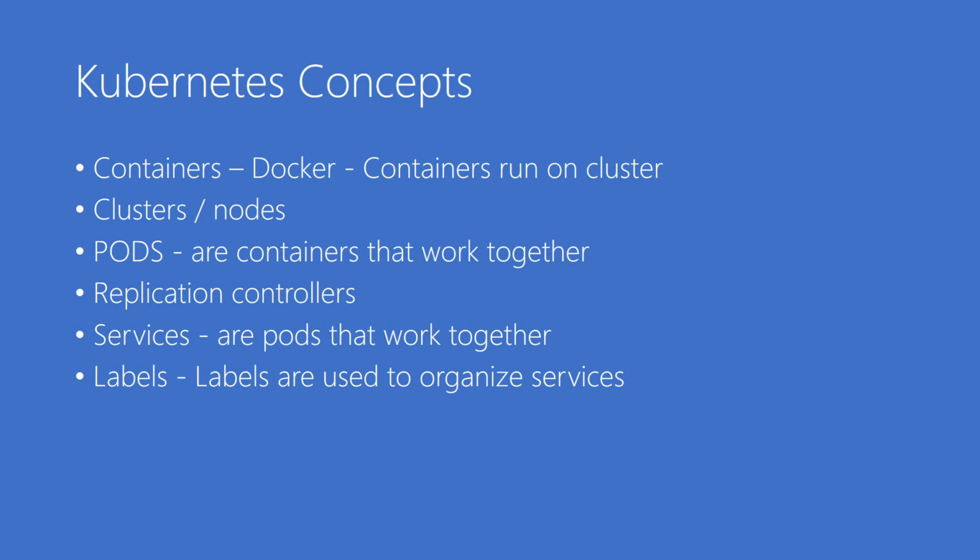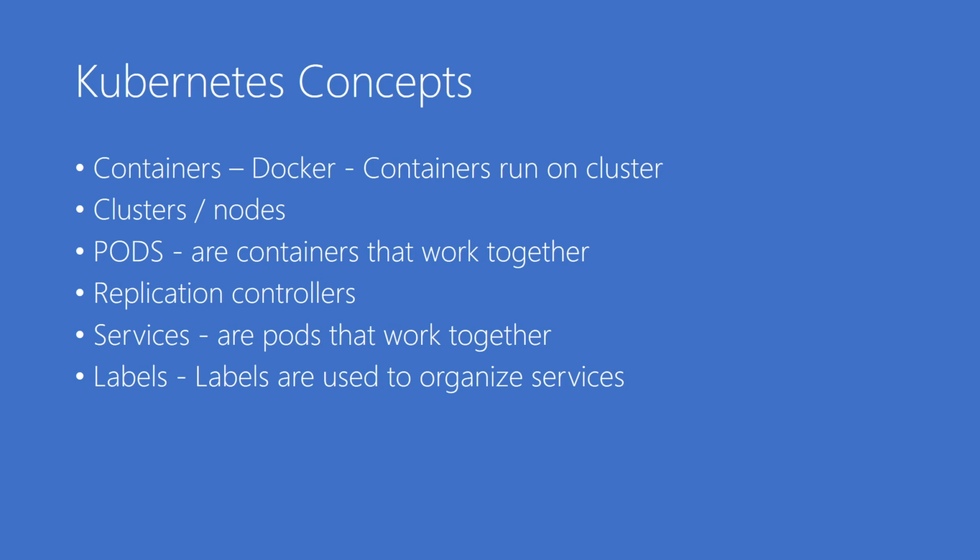So let's look at some of the concepts for Kubernetes. So you have clusters, which are the compute resource on top of which your containers are built. We then have pods, which are a small group of Docker containers that work together. So this is the smallest deployable item. We then have replication controller. This ensures that the exact number of pods are running.